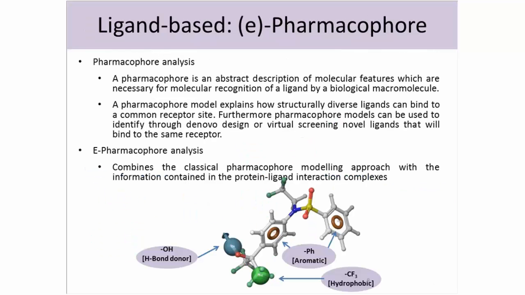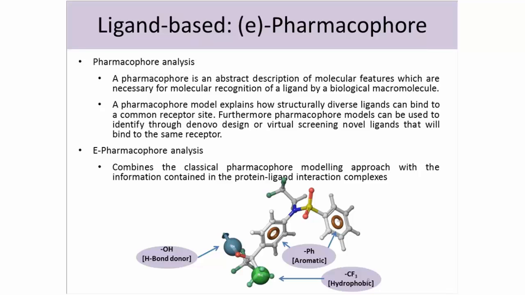And this is, on the other hand, the ligand-based methods that we have applied. We use a classical pharmacophore analysis, and here the basis is that the definition of pharmacophore is a 3D configuration of structural features that are necessary to have that activity.